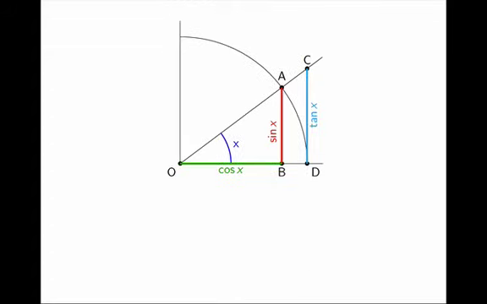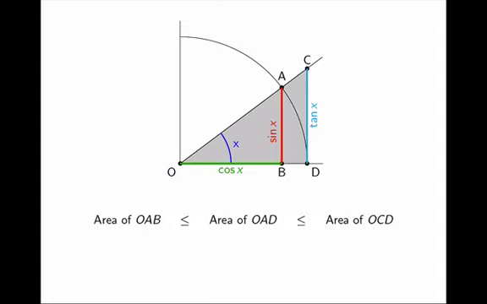So I will just skip this part of the picture, and what I will do next is compare the areas of 3 different regions. The triangle OAB, the sector OAB, and the triangle OCD. Let's do them one at a time. First, the smaller triangle OAB.